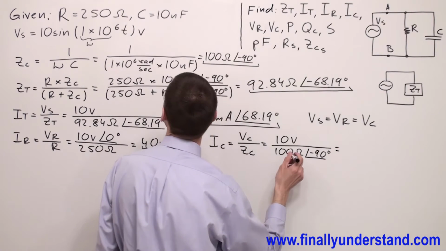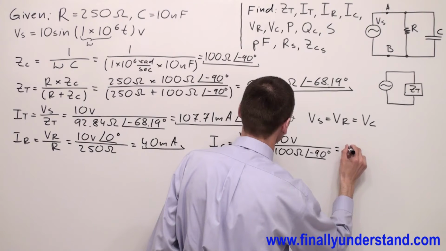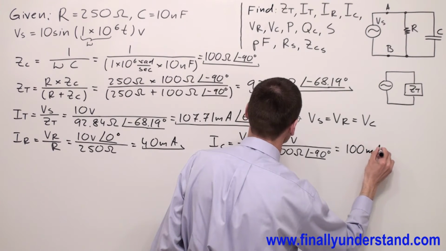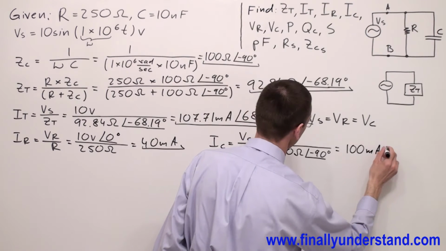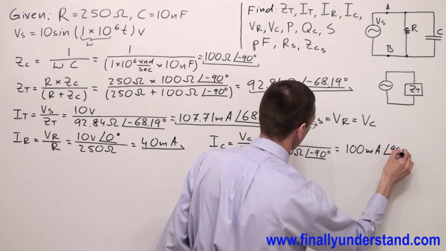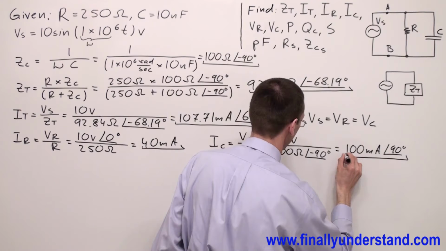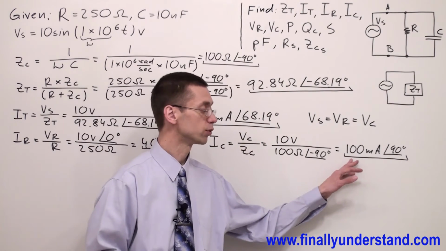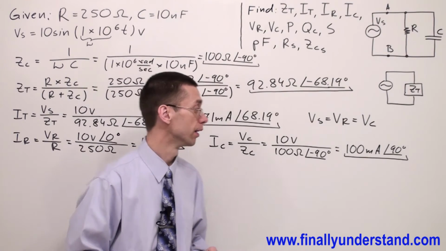This is equal to 100 milliamps and angle of 90 degrees. This is the current which will go through the capacitor.